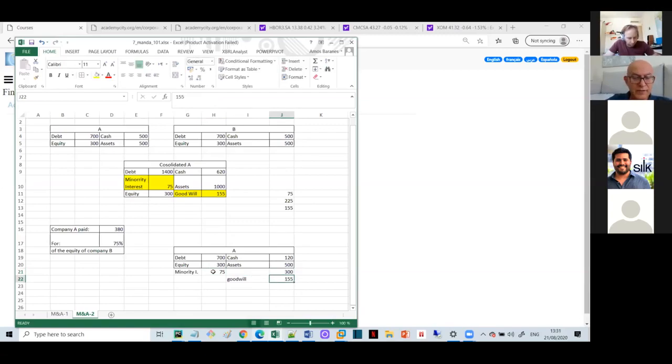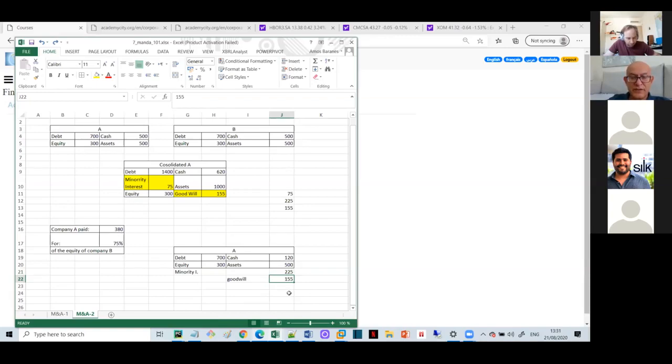One more time. Let me go over that one more time. I paid 380, which represents 155 as a goodwill extra payment to the part of the book value the company A has acquired. 225 is the book value, and 155 is what I overpaid, or what I paid for what I believe is a goodwill, meaning intangibles.